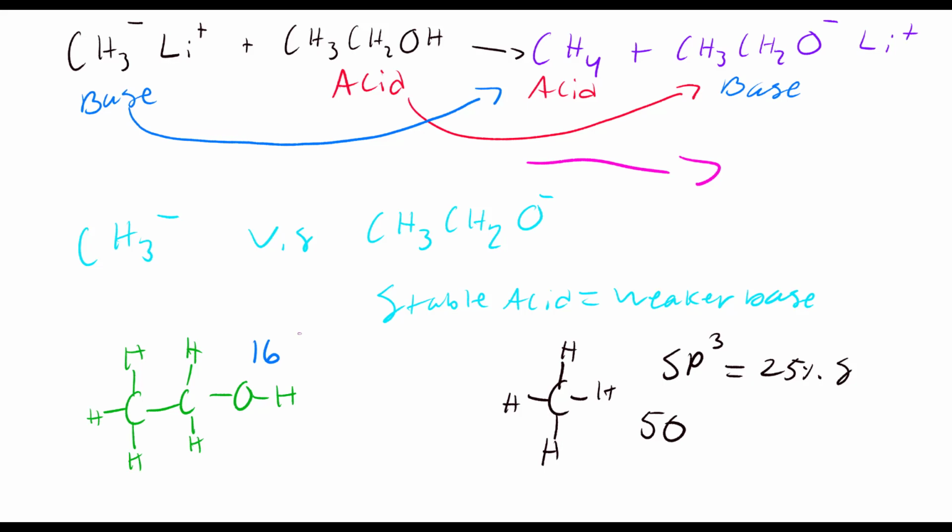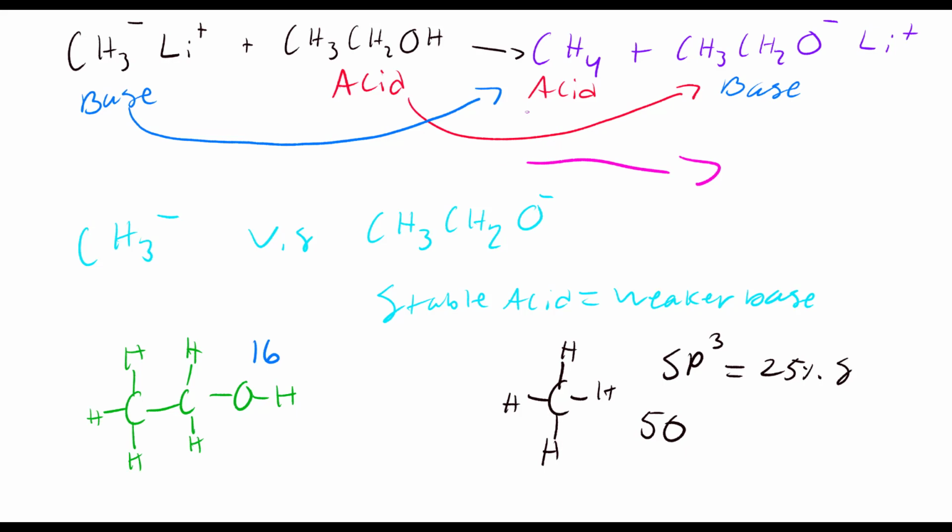And because this is more acidic than this one, 16 is stronger than 50, we're going to prefer the 50 side. Excuse me, we're going to prefer the 50 side. And therefore, we're for sure going to go in the right direction, because reactions tend to favor the weakest base.